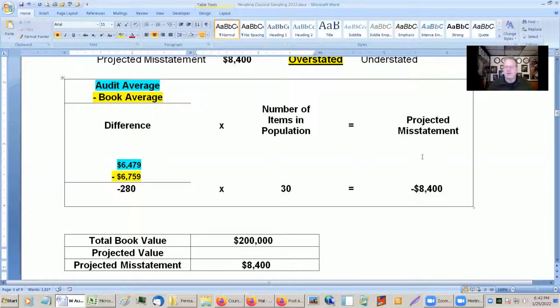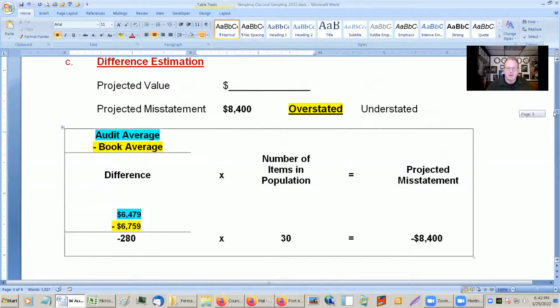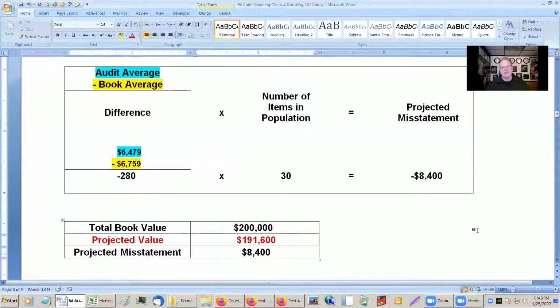Anyone? Yes, that is absolutely right. 191,600. 191,600 is correct. So this one you've got to kind of back into it. You come up with a projected misstatement first and then back into that one.